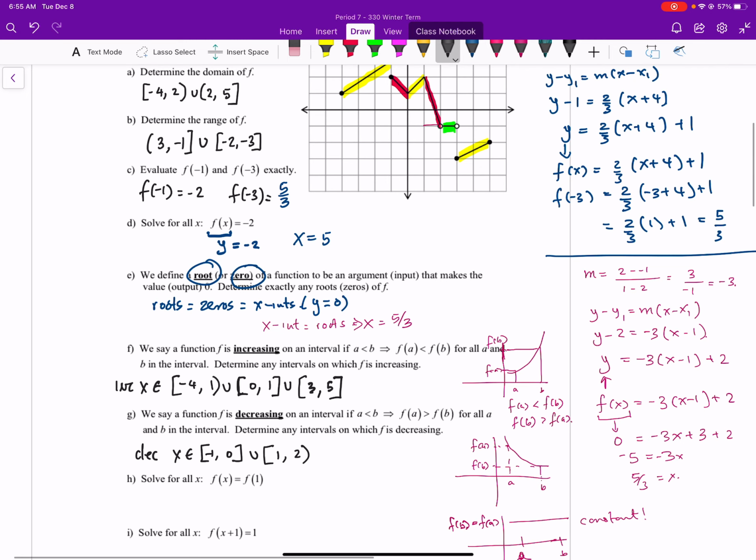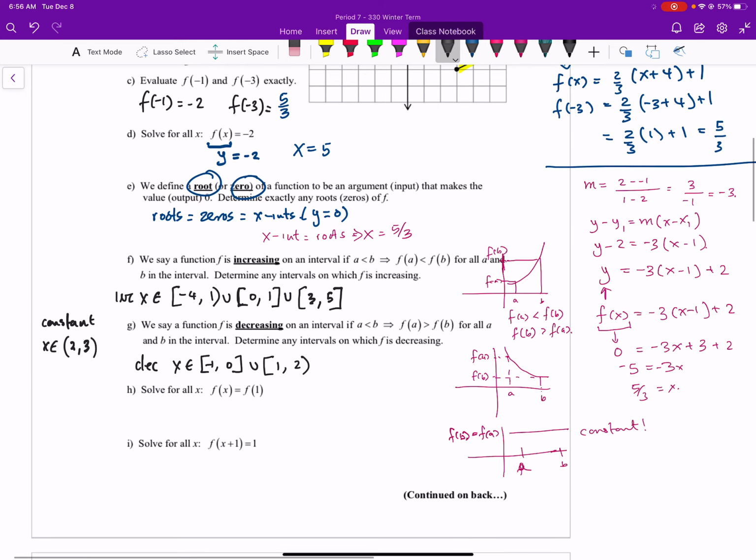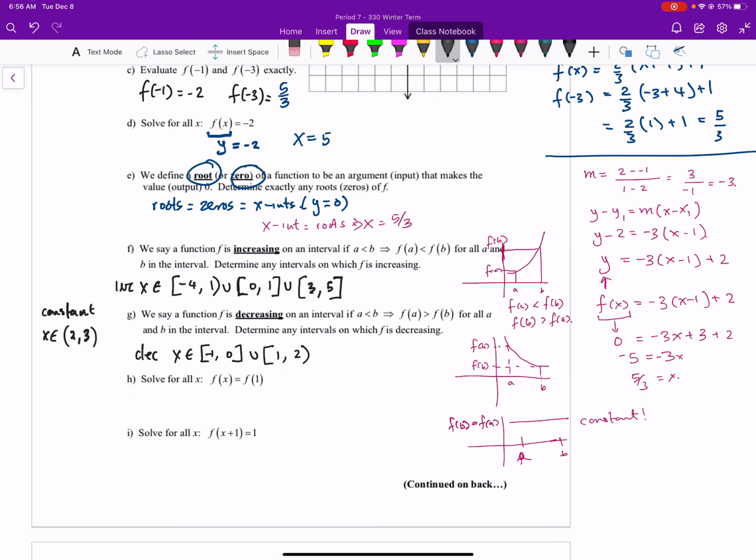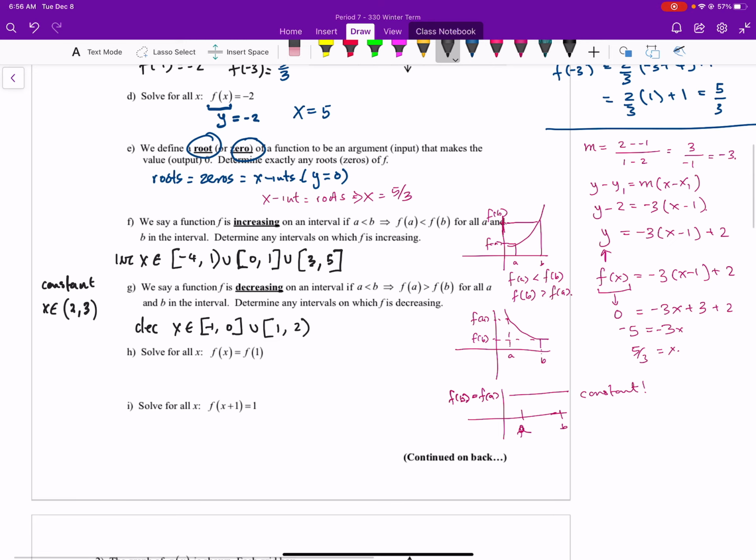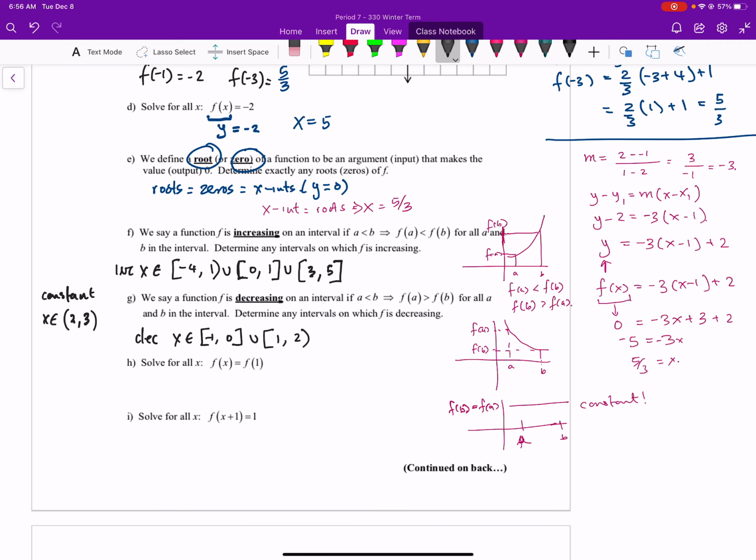All right, and if you ask for where is it the same, where is it constant, then that would be x belonging to 2 to 3. Okay. All right, let's wrap this up. Now, when I look at the last question, which says solve for all x where f of x is equal to f of 1.